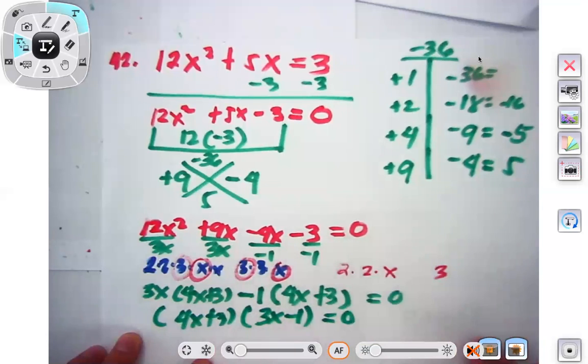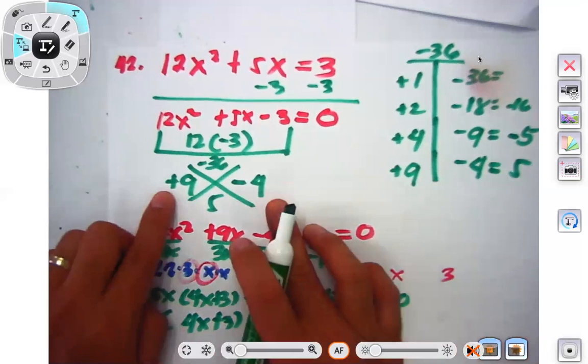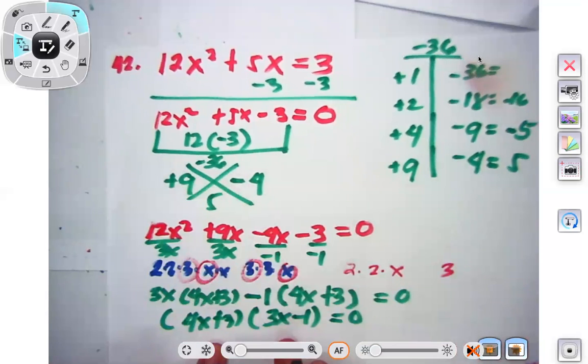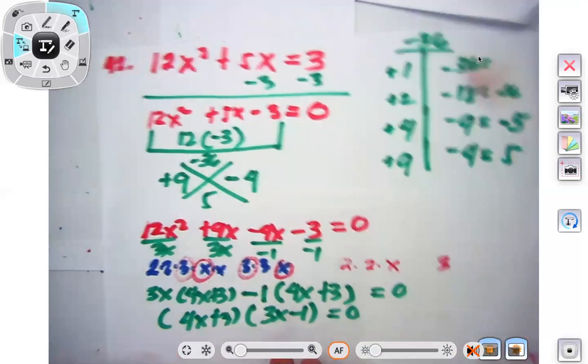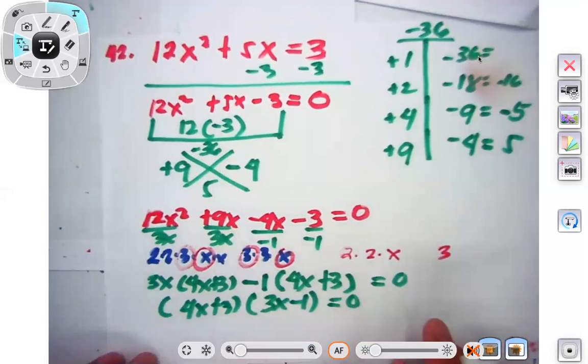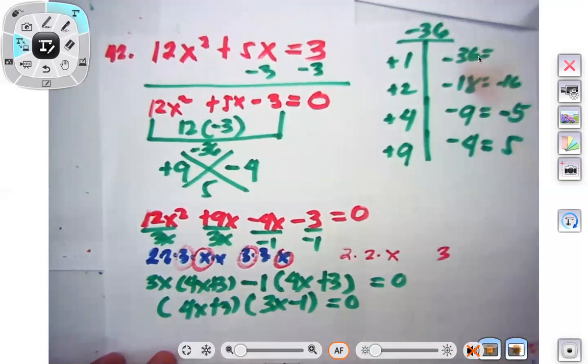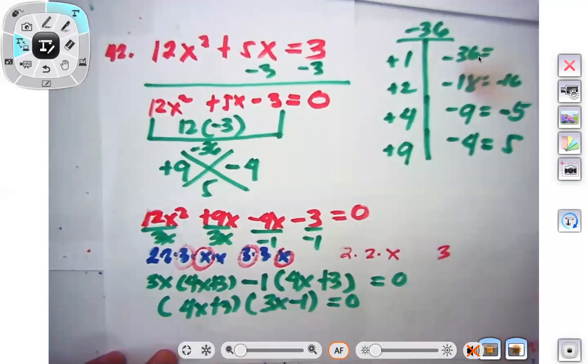You remember what we said a while ago? If you write x plus 9 and x minus 4, these are not the same as that. So you cannot just write x plus 9 and x minus 4. You have to perform this to get your correct factors. All right? Please do what I say. Don't do what you want to do, because you will get it wrong.